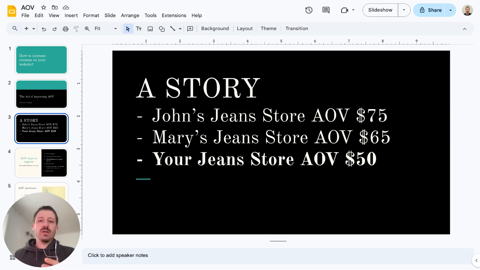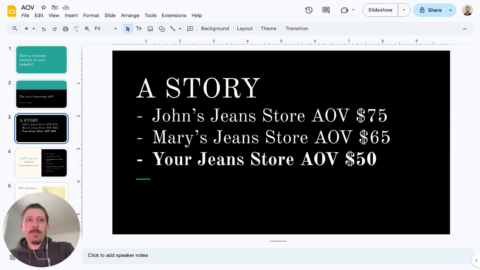Then we know it cost him 25 and he made 75 from it, meaning his return on ad spend is 3 to 1, correct? He returns 3, he invests 1. For you, with the AOV of $50, what do you get? You pay 25 as well, but you return only 50. So your return on ad spend is 2 to 1.